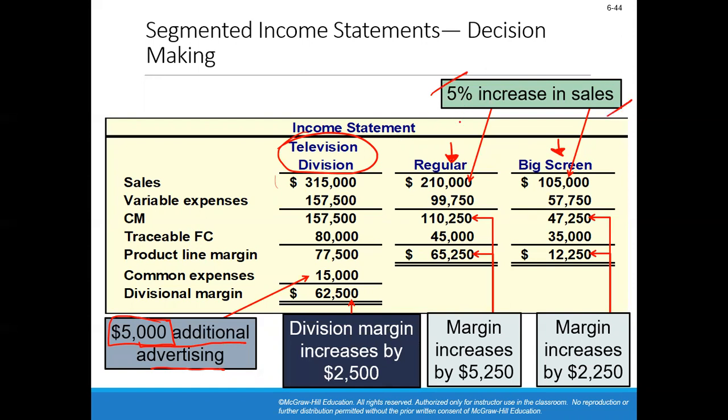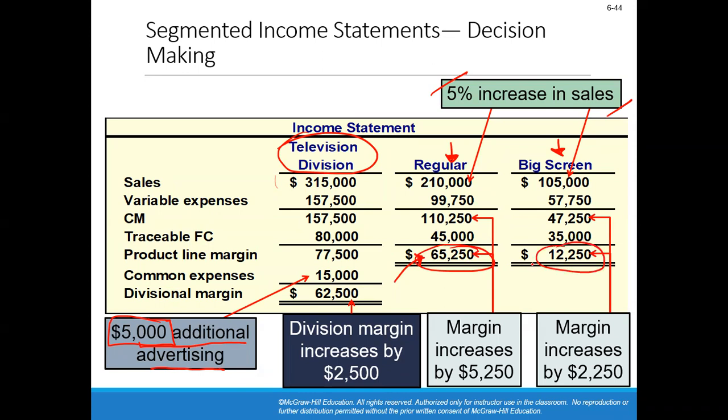So 5% from what? 5% from the previous scenario. So keeping the variable expenses ratio the same as before, if we look at the final product line margin, the segment margin of the regular TV has become 65,250, and the big screen is 12,250.